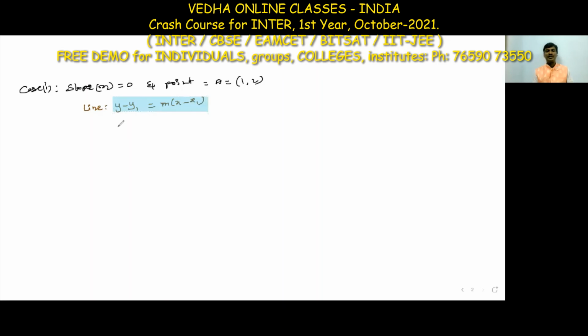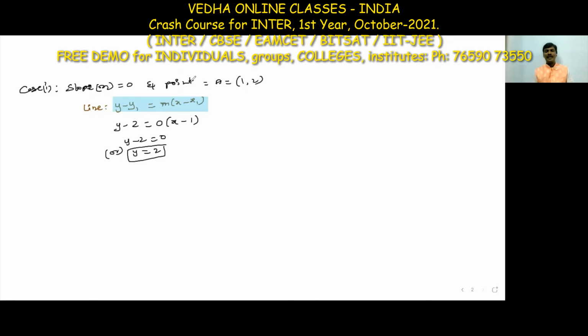Now I am substituting here: y minus y1 means y minus 2 is equal to m, which is 0, into x minus x1, which is 1. 0 into something is 0. So y minus 2 is equal to 0, or we can write y is equal to 2. Either y minus 2 is equal to 0 or y is equal to 2, any one is the answer.